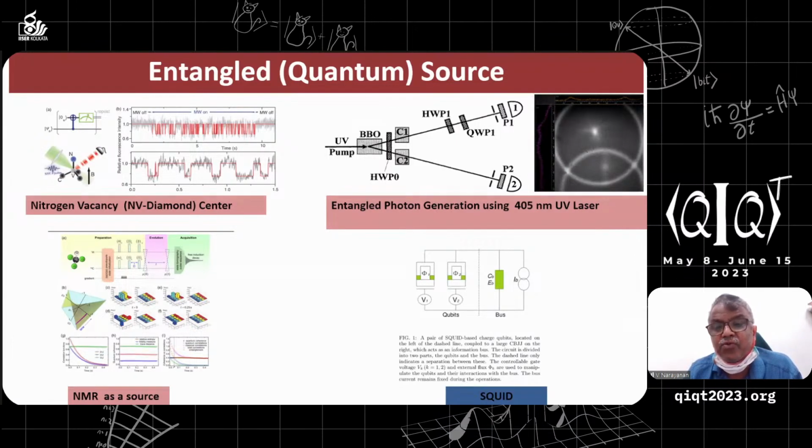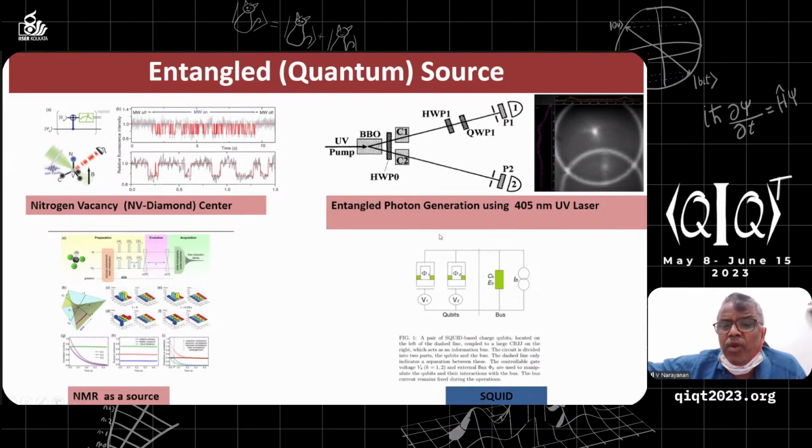Various quantum resources known to us at this moment, predominantly known, is the nitrogen vacancy NV center in a diamond, which is on the top left-hand side. Especially with the development of various lasers in the past two decades or so, one is able to generate entangled photons.